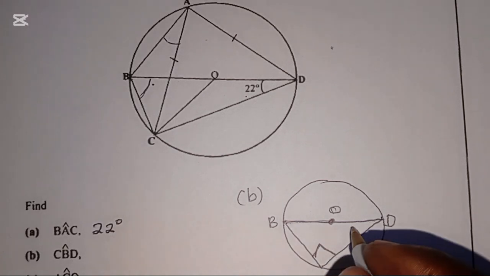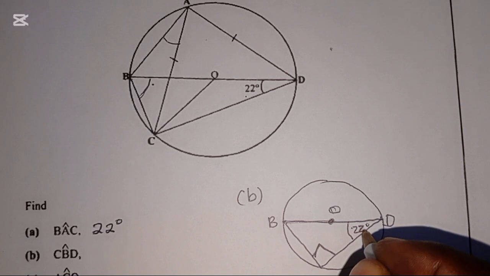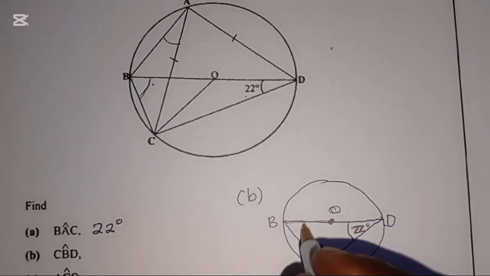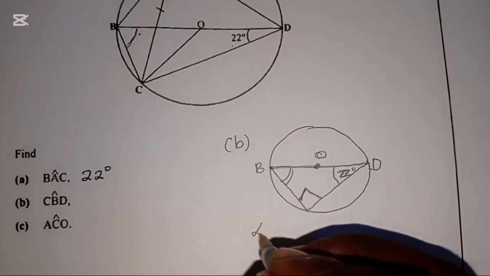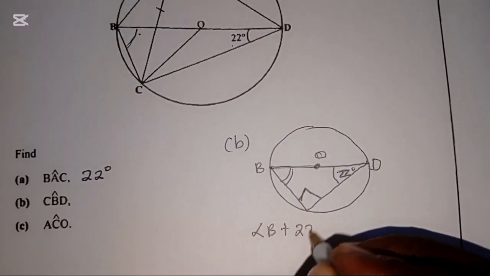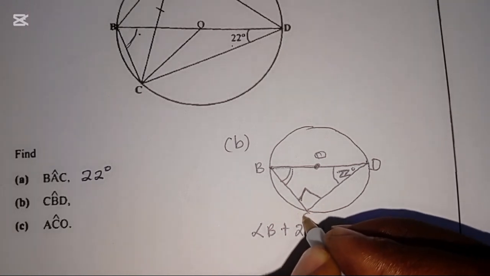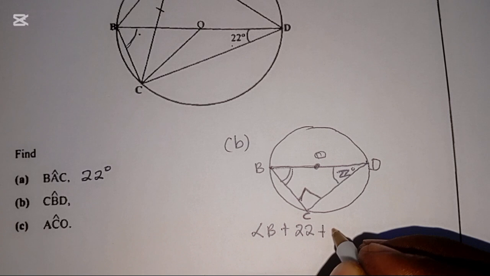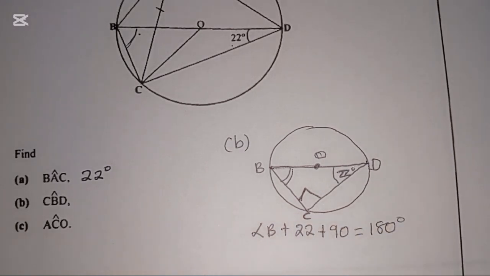So we have 22 degrees here. So how do we find this angle? Remember that a triangle adds up to 180 degrees. So I'll simply say angle B plus 22 plus this angle C, which is 90 degrees, is equal to 180 degrees.